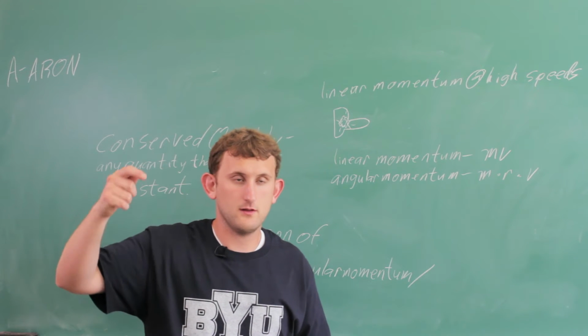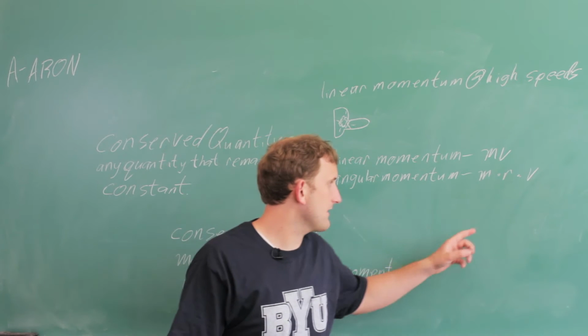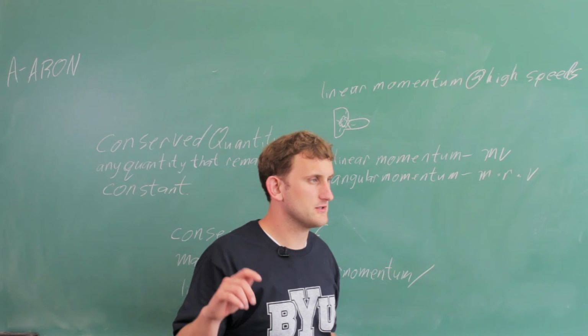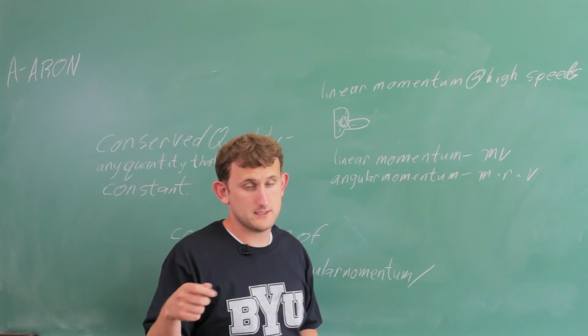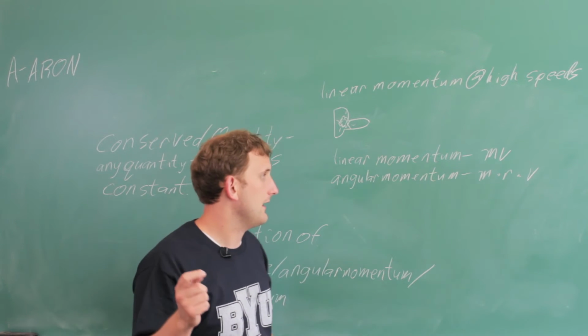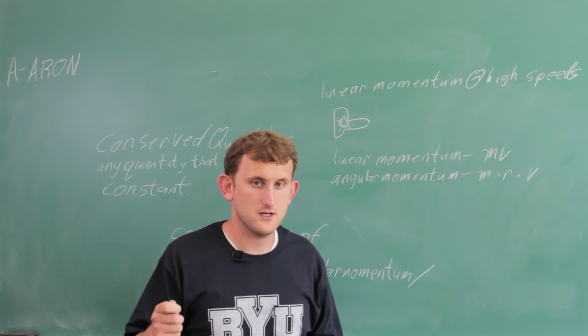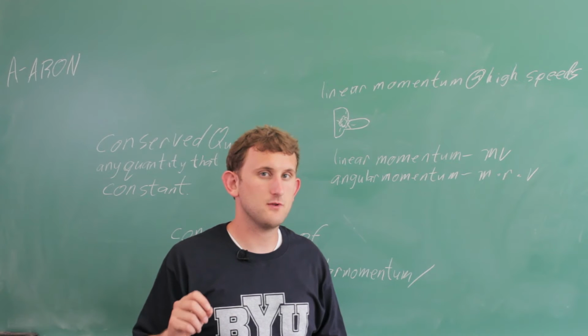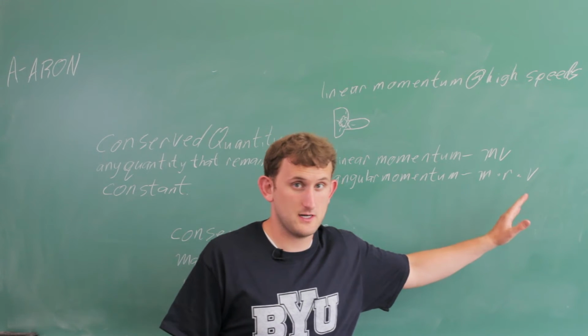The ball is going a certain speed, the length of the cord, or the radius, has a certain length, and the ball has a certain mass. When you multiply those three numbers, you'll get a certain number.